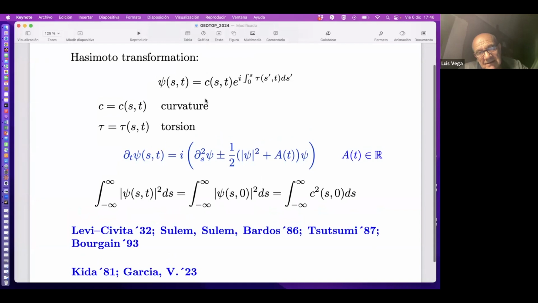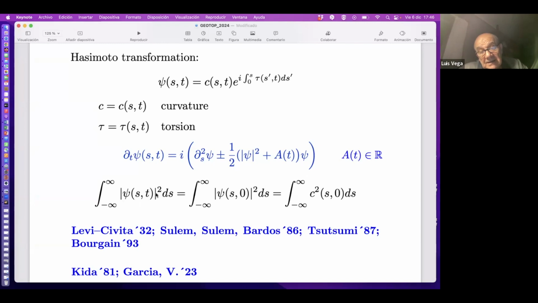Well, to finish the story, what Hashimoto realized is that if you ask what is the equation that the wave function psi satisfies, amazingly you obtain the cubic NLS, where of course due to the gauge invariance of the geometric problem there is some indeterminacy, and in fact you obtain a family of nonlinear Schrödinger equations that are determined by a real function that depends just on t.